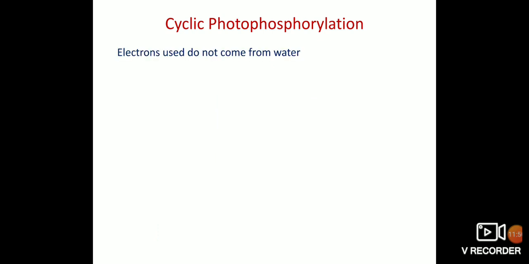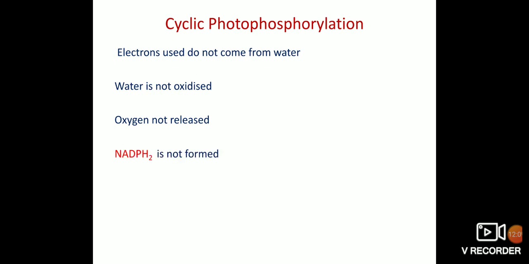During cyclic photophosphorylation, the electrons that are transferred do not come from water, because water is not oxidized, and as water is not oxidized, oxygen is not released. Because there are no hydrogen protons present here, there is no formation of NADPH2, and ATP is formed again during the quinone cycle.